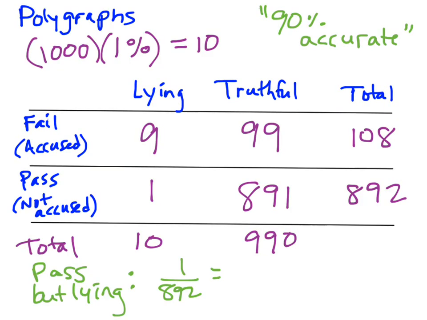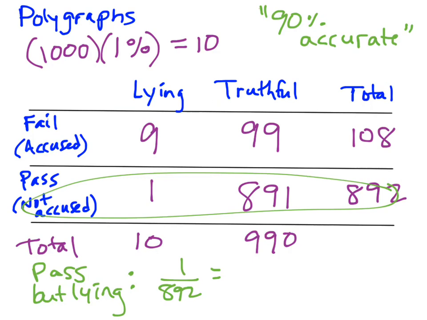So we have this sort of condition. The probability that they're lying or that they're truthful is not the same as the probability that they are lying given that they failed the test, or the probability that they're truthful when they passed the test.